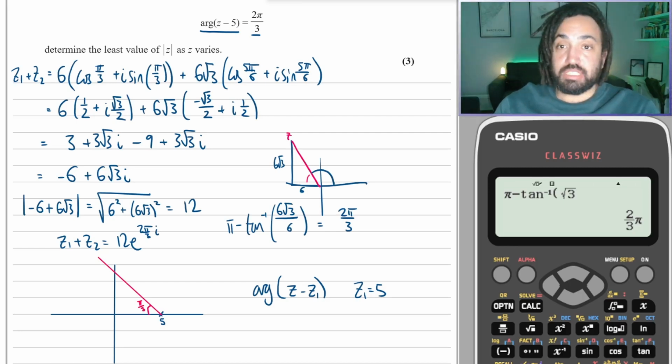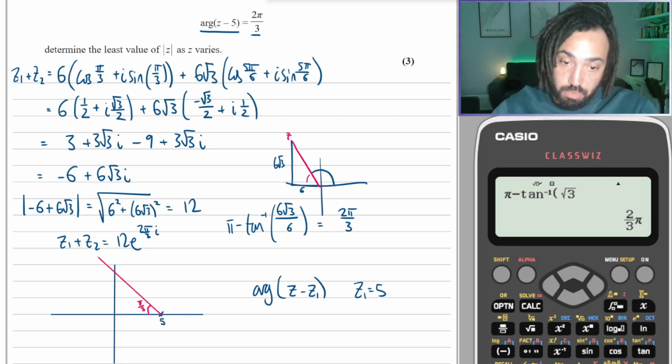Now, what does this question actually ask? It says determine the least value of the modulus of z as z varies. Well, the modulus of z, or the magnitude of z, is the distance from the origin of the given complex number, which happens to be on this red line. So if we want the smallest distance, then it needs to be perpendicular to the red line.